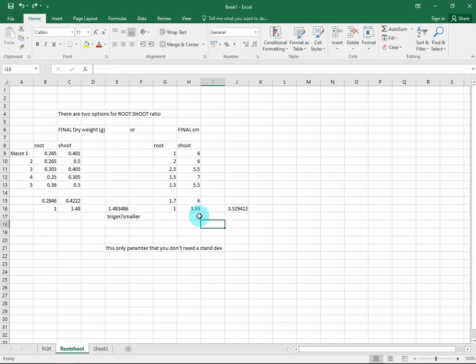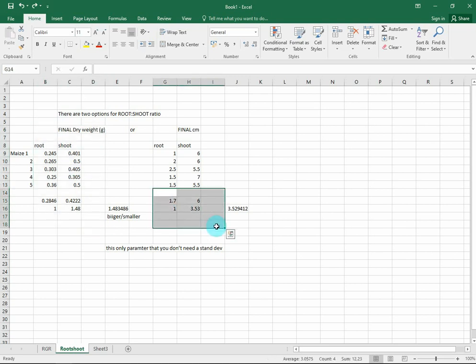This means that the shoot was almost 4 times larger than the roots. You can say most of the resources were given to the shoots, but you can't specify carbon because you don't know. You don't know because you don't have dry weights.